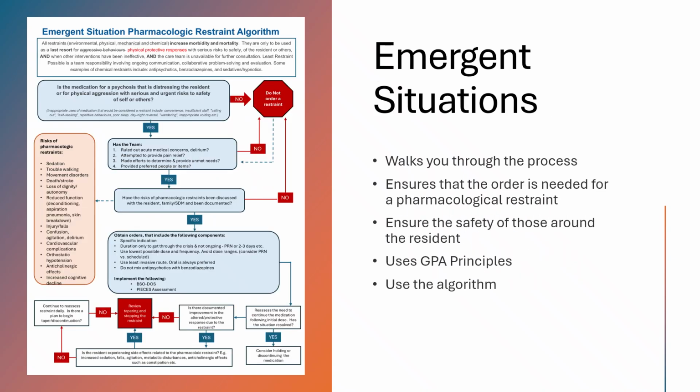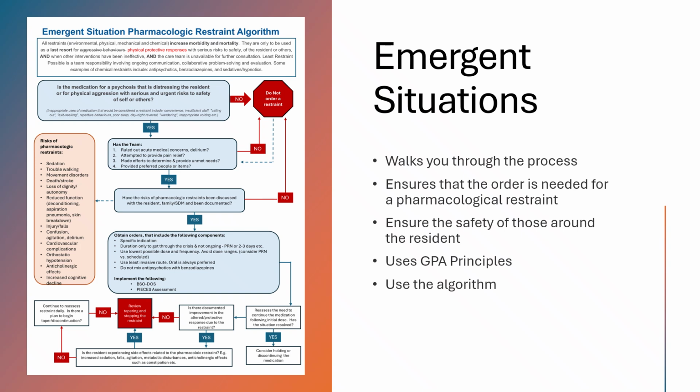We have also created an algorithm to help manage an emergent situation. And this again walks you through the process, ensures that the order is needed for the pharmacological restraint, ensures the safety of those around the resident, uses the GPA principles, and uses an algorithm. We have also created 2 work standards that go with these last 2 slides.